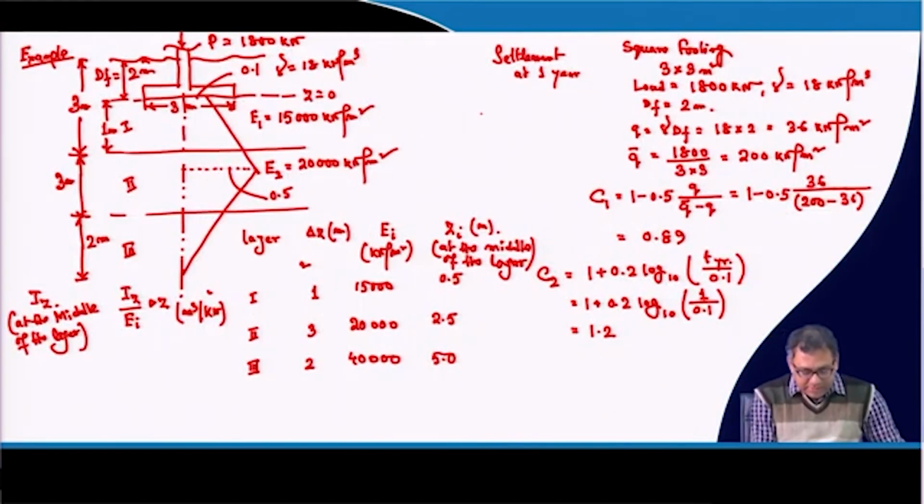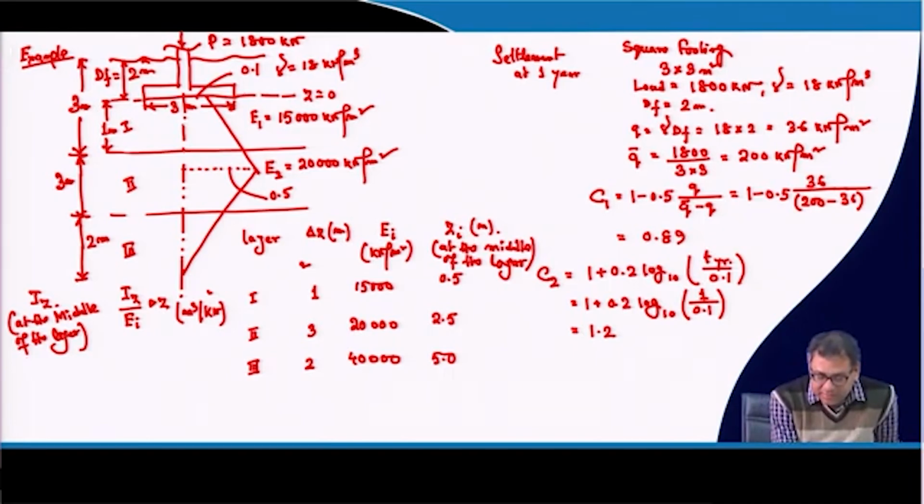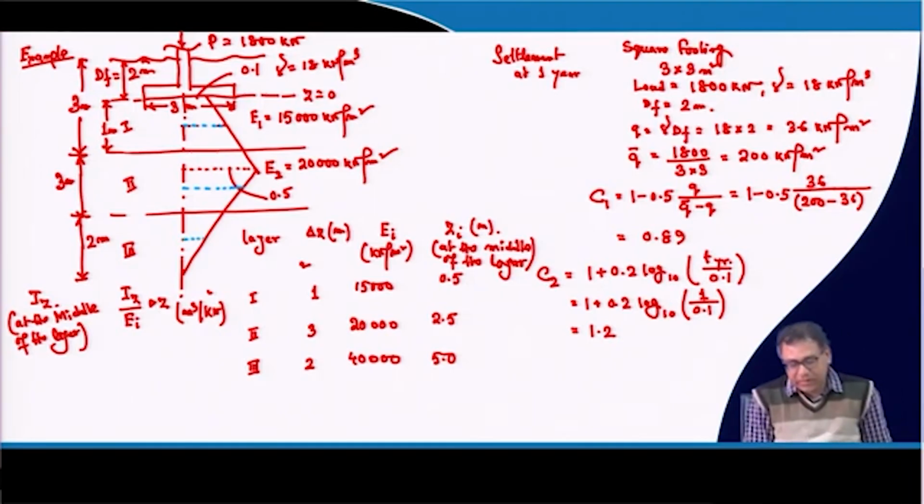So, Iz at the middle, that means this is my middle portion, this is the middle portion, and this is the middle portion. So, what we have to do? We have to linearly interpolate these values, and we will get the Iz value, because this is the Iz line. So, I know that at Z equal to 0, Iz is equal to 0.1.